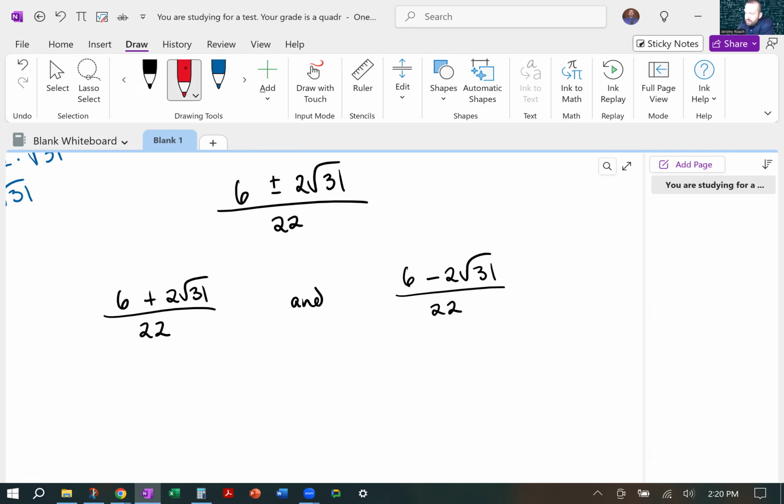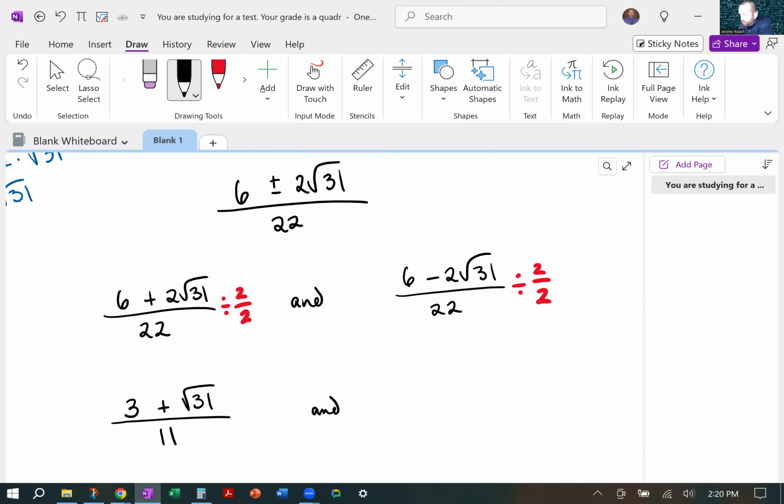We can divide by 2 over 2. Let me write the division here, because we technically should put it over here, and we can do the same thing here too. Because there's a plus, we're going to divide that 6 and that 2 by 2. So 6 divided by 2 is 3, and 2 divided by 2 is just 1. So this is 3 plus root 31, or plus 1 root 31, but we don't write the 1 there. 22 divided by 2 is just 11.